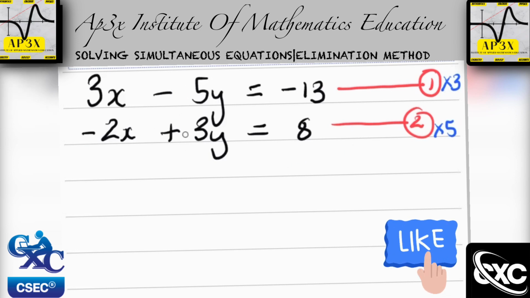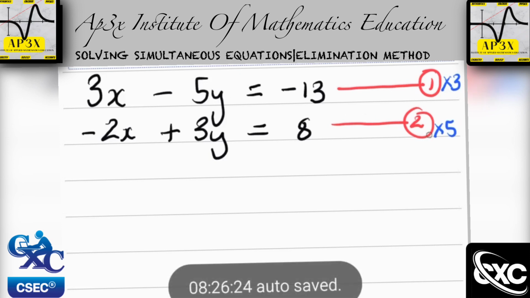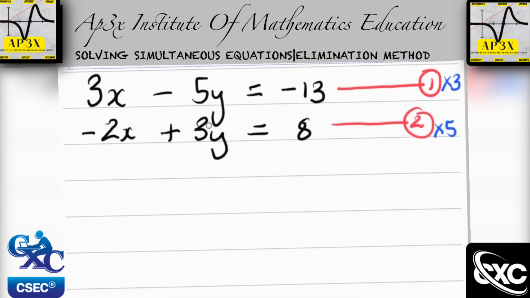I particularly just overlook the signs and focus on the actual numbers here, 5 and 3, and then I pretty much use the rules of same sign subtract, different signs add, and it automatically works itself out. So then again here I'm going to be using the 5 that is in this first equation to multiply the second equation, and the 3 that is in the second equation to multiply the first equation.